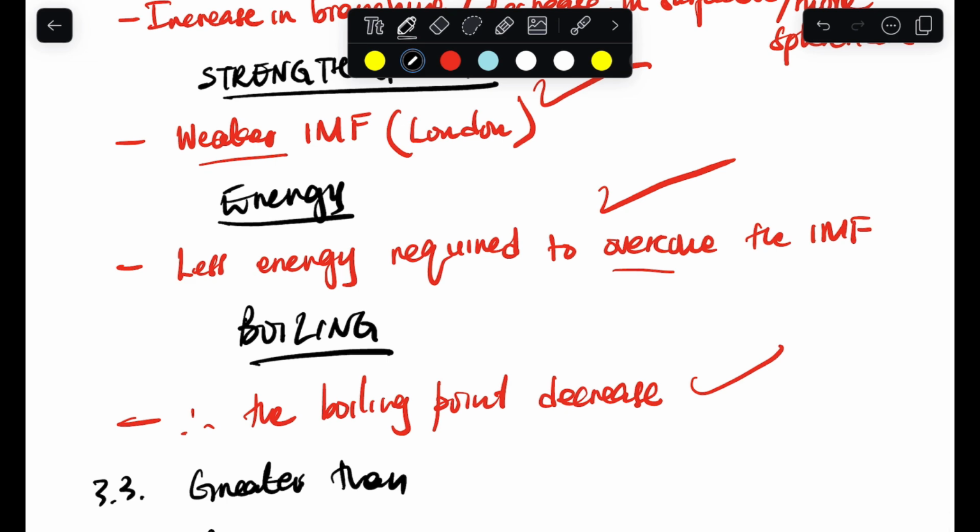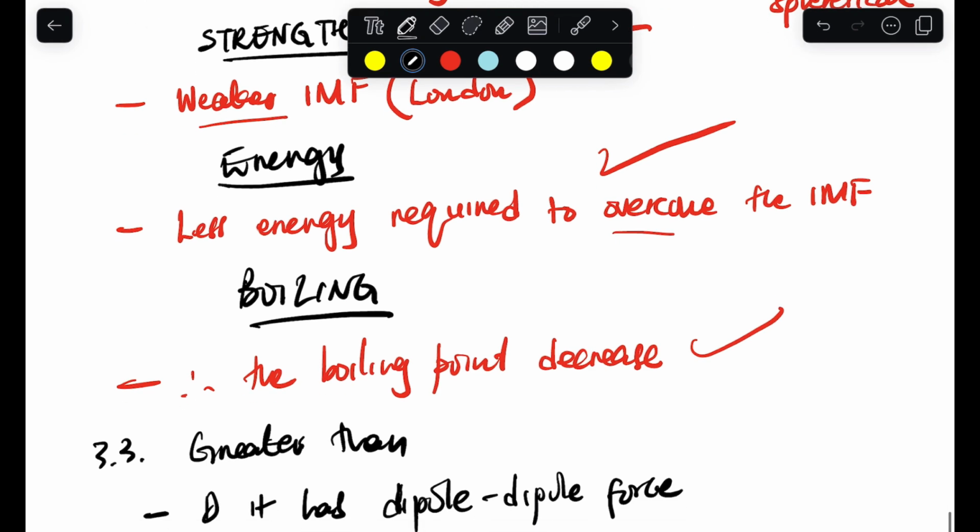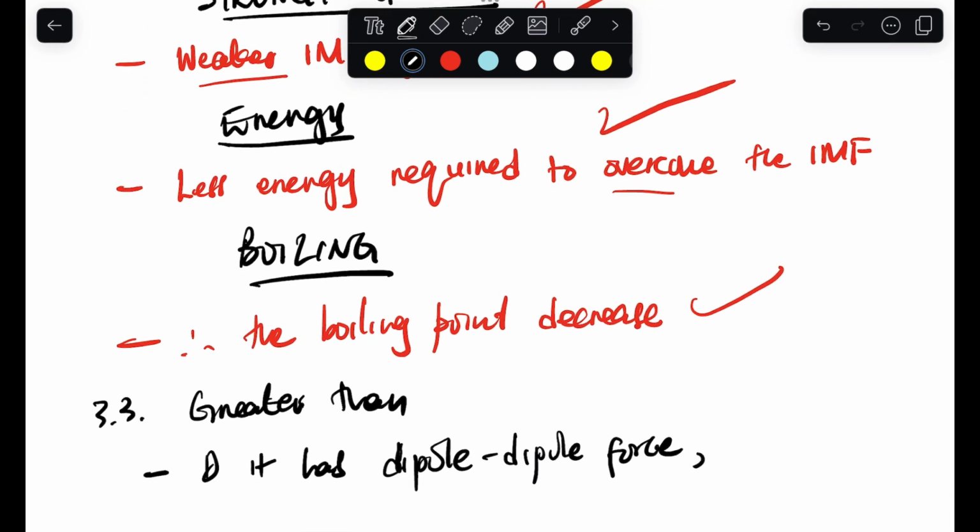What is the intermolecular force? You say it has the dipole, dipole force, right? And then you say E has hydrogen bonding, which is the acid, the hydrogen bonding, right?